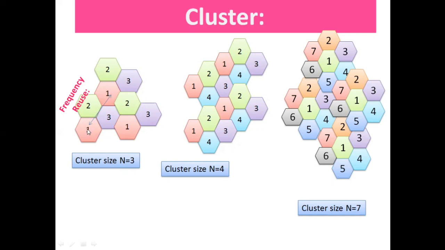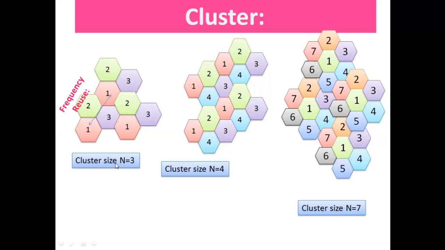This cluster can be repeated, and the repetition means the frequency will be reused. The same radio frequency is repeated in the next cell at a certain distance. A cluster is a group of cells operating at different frequencies.